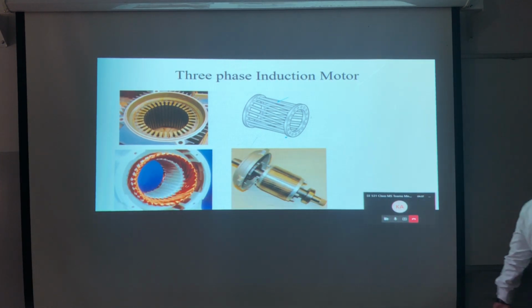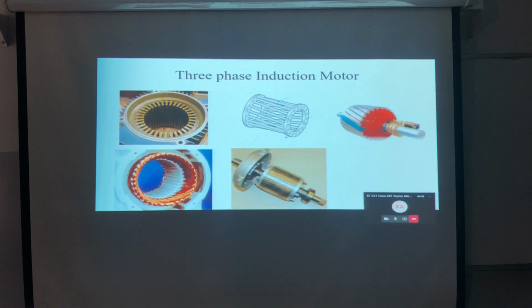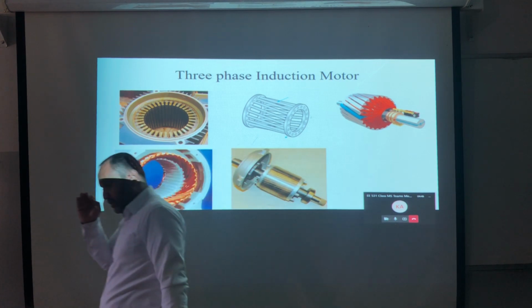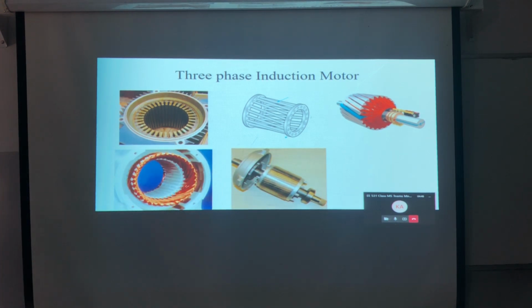The second one, we call it the wound rotor, which means that the rotor actually contains windings, so there are slots in the rotor, and in those slots, I'm having what? Winding. And those windings are connected to an external circuit. If I need to connect them to an external circuit, in this case, I need a slip ring. Why?